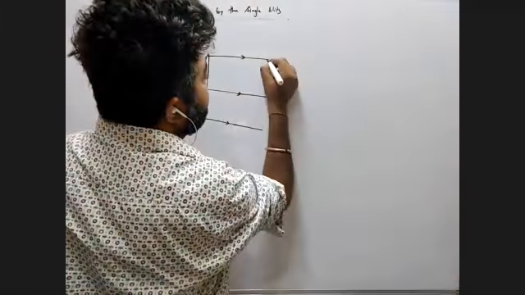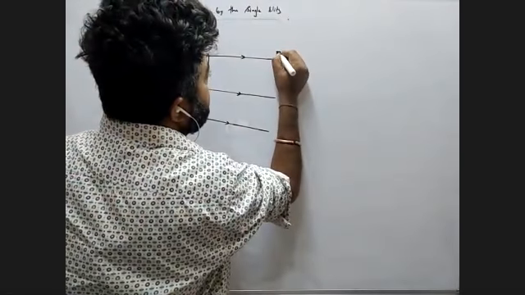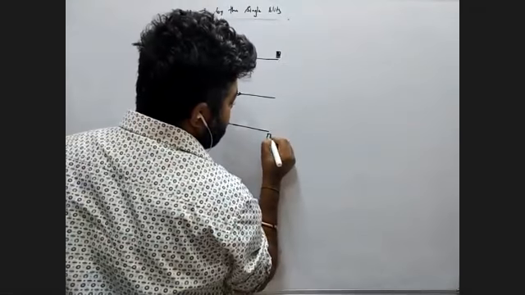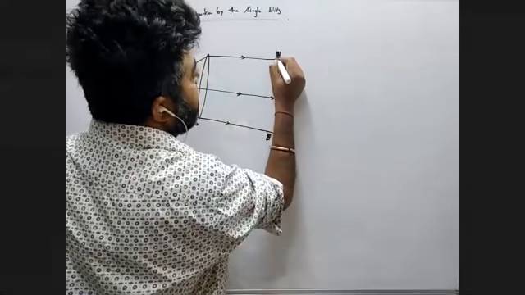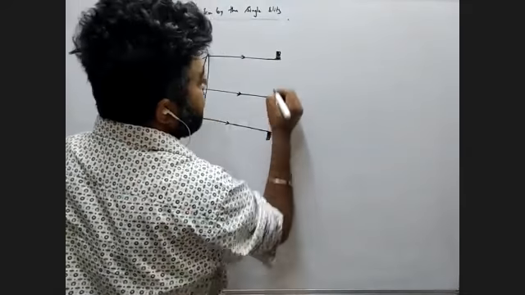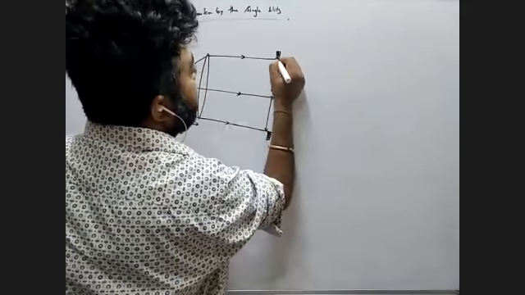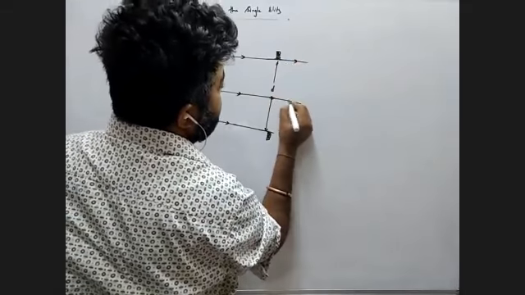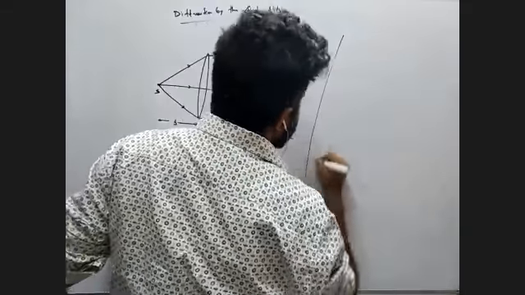Now we put here a slit. The width of the slit is small d. Now here you put another lens.